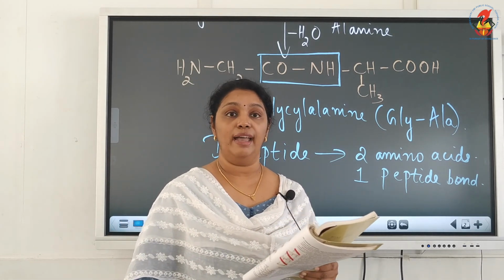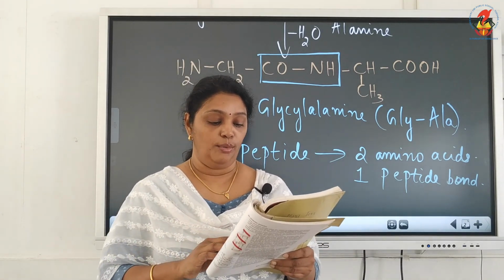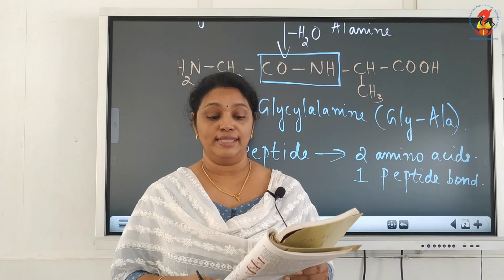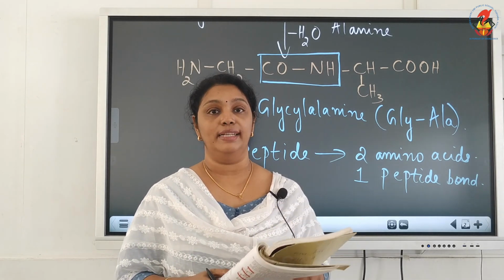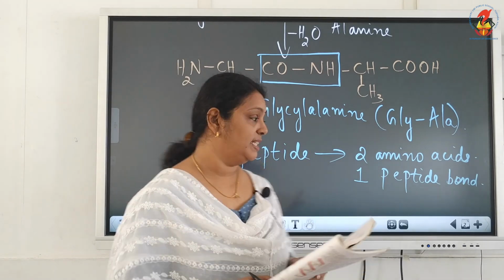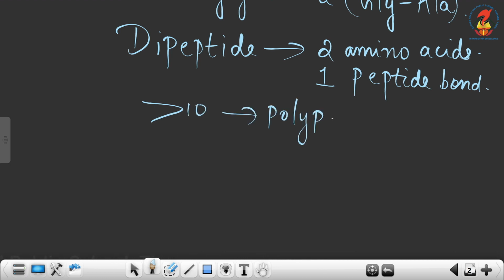So, we can have hexapeptide, pentapeptide, etc. Now, when the number of amino acids is more than 10, then the product is called a polypeptide.